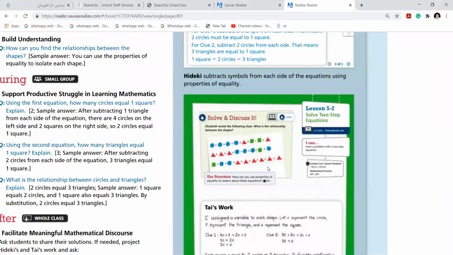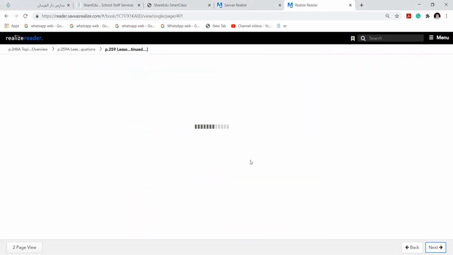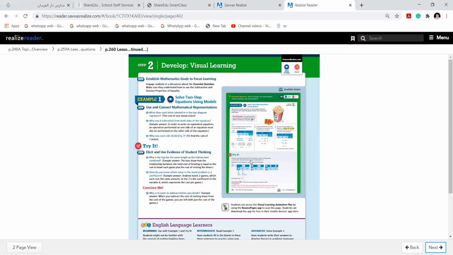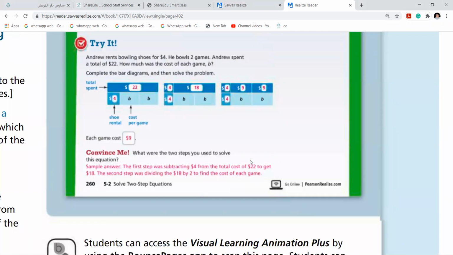Turn to page number 260. 260, and the first question.